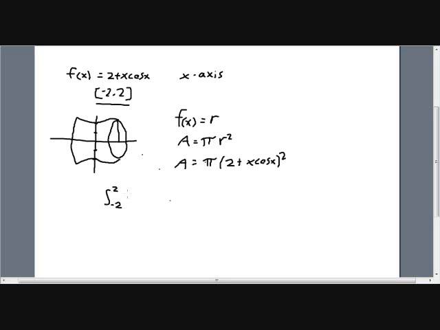The final step in determining the volume of a solid is to integrate A of x. With all of the information known, we can then set up the integral. We multiply by dx because that is the width of each cross-section, and we know that volume is defined as area, A of x, times height, dx.